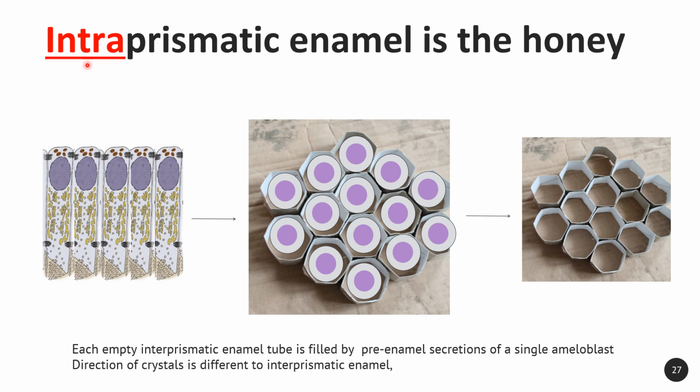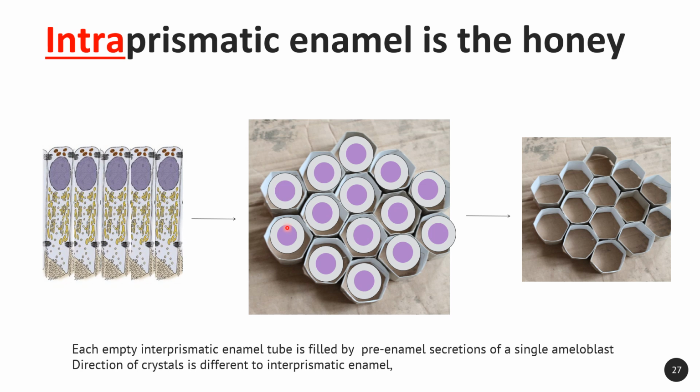I like to think of it like honey and the honeycomb. So now each of the ameloblasts secretes this portion here, so from the Tomes process directly into the empty tubes which were just made by the collaboration between its neighbours. I hope this makes sense.